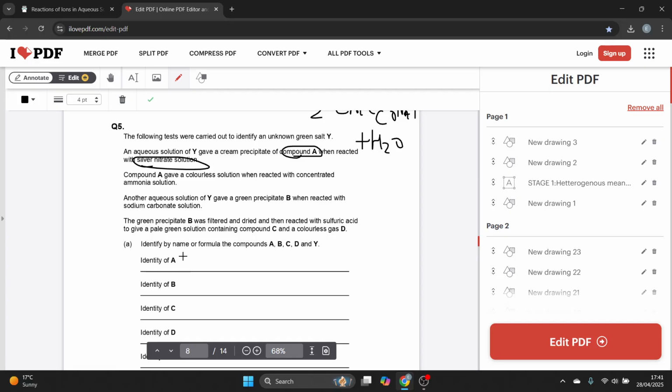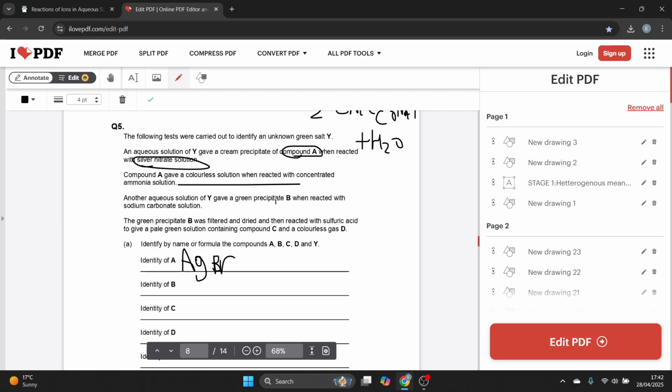So it's going to be AgBr, simply from the fact it gave a colorless solution when reacted with concentrated NH3 solution. Then B: aqueous solution of Y gave a green precipitate B when reacted with sodium carbonate.